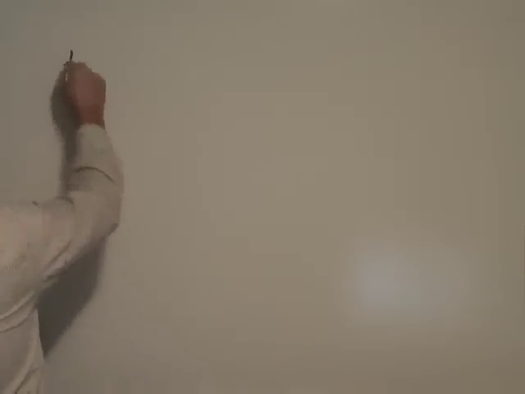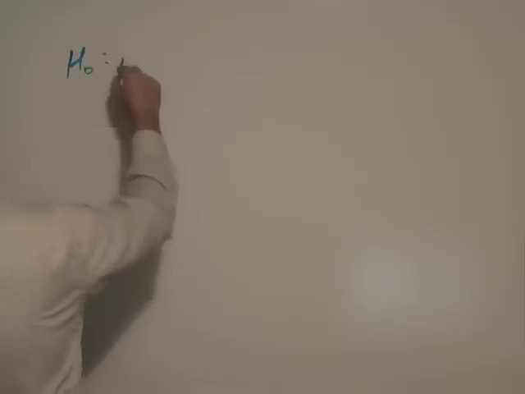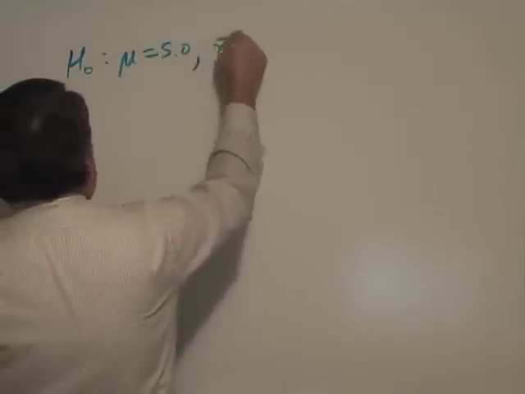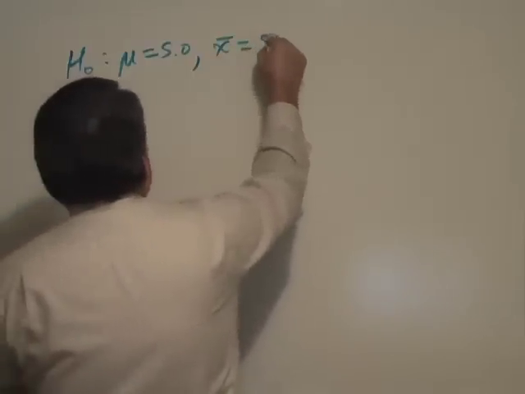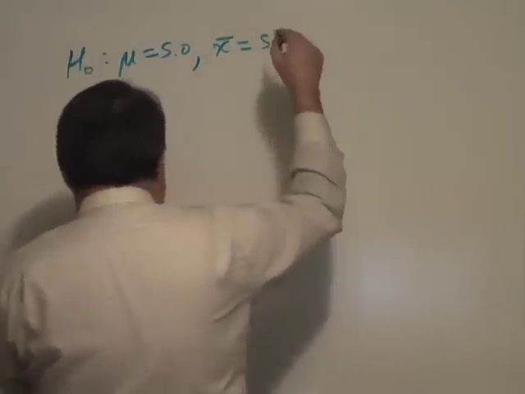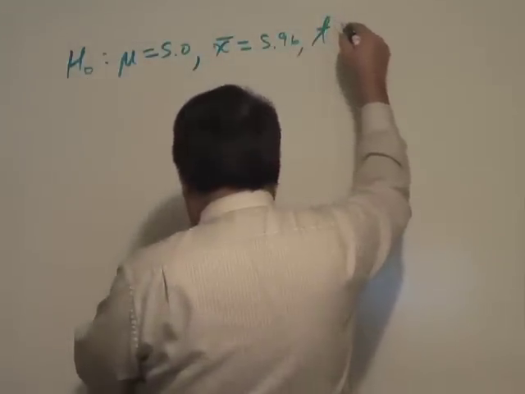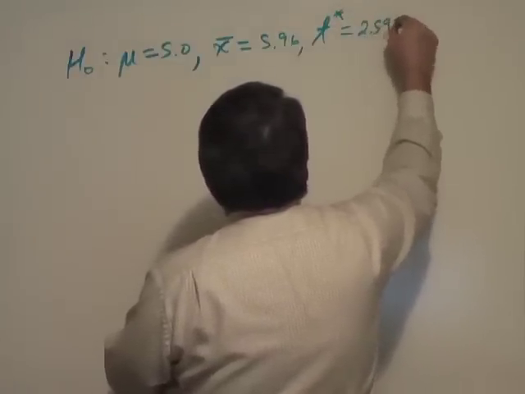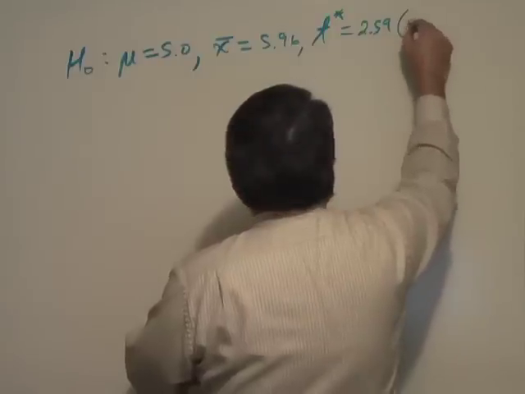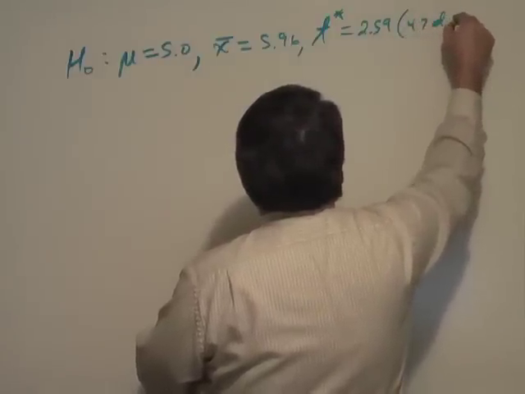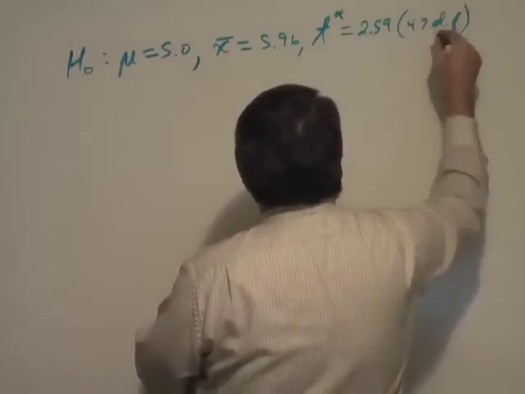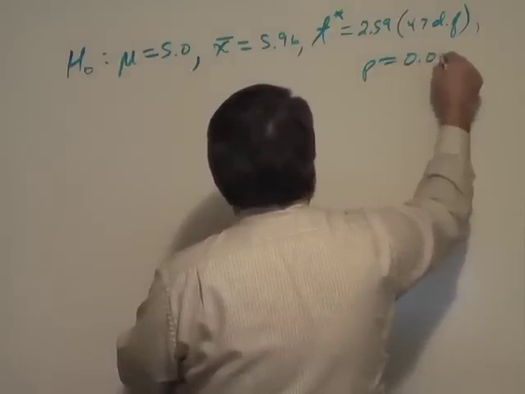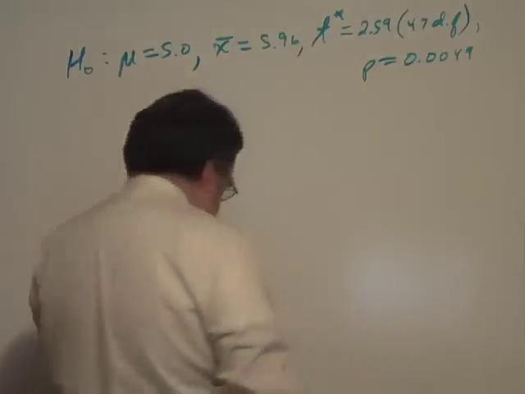H naught: mu equals 5.0, X bar equals 5.96, T, and I'm going to call it T star, equals 2.59 on 47 degrees of freedom, and P equals 0.0049.